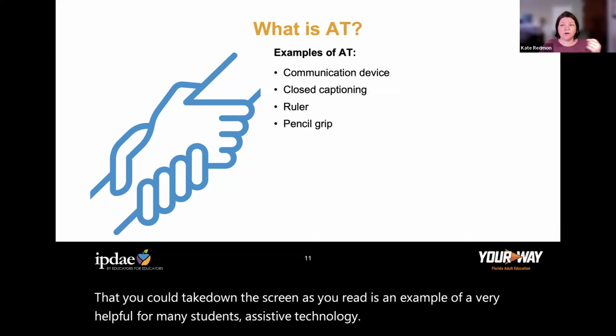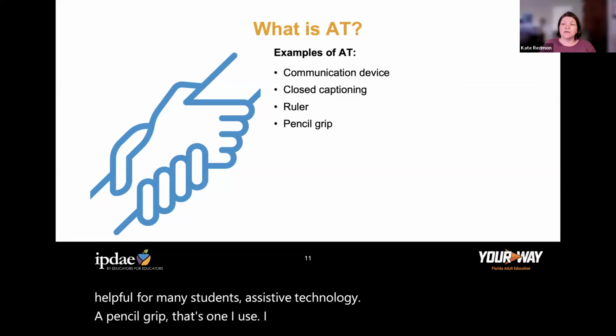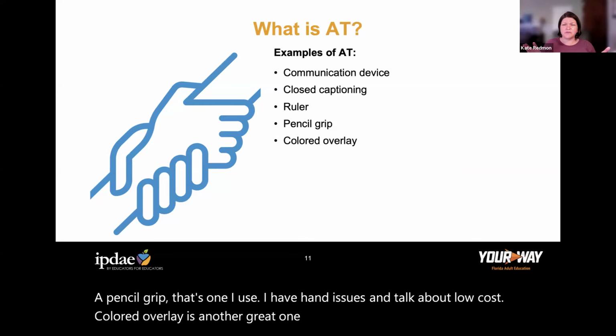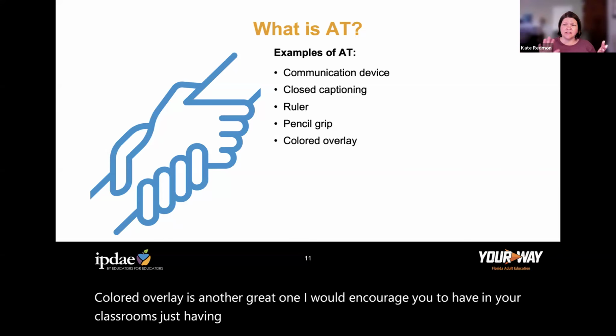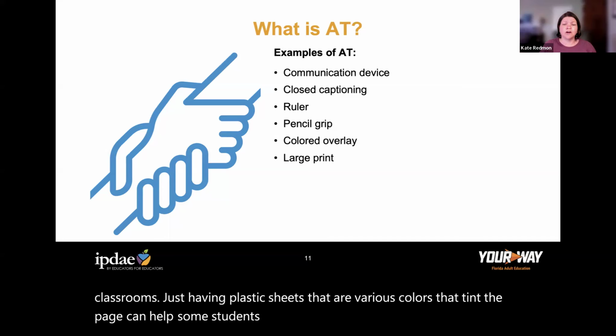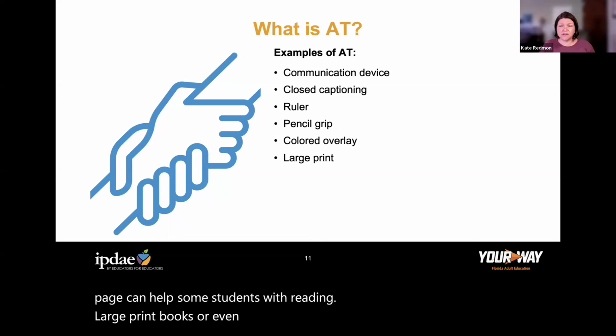A pencil grip, that's one I use. I have hand issues, and talk about low cost. Colored overlay is another great one I would encourage you to have in your classrooms. Just having plastic sheets that are various colors that tint the page can help some students with reading. Large print books, or even just increasing the size of the font on the computer is an example of AT.